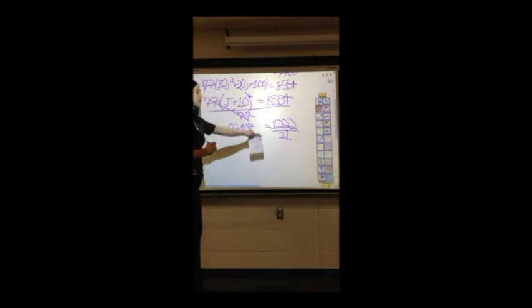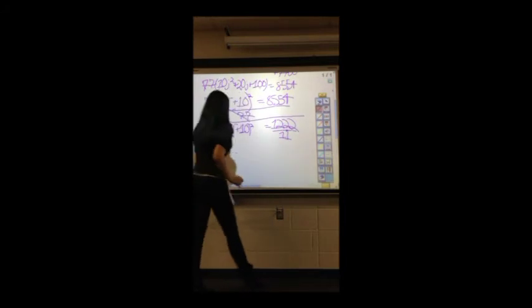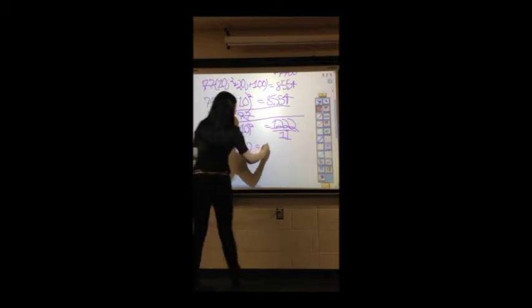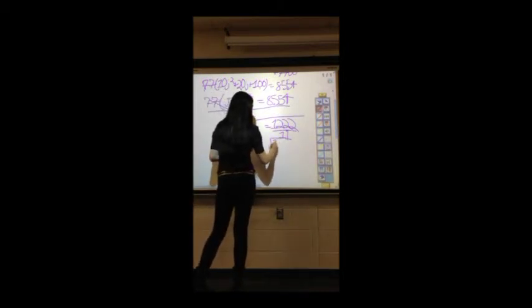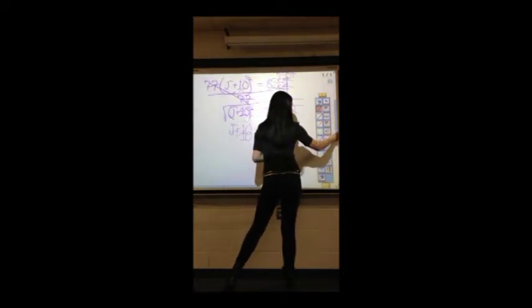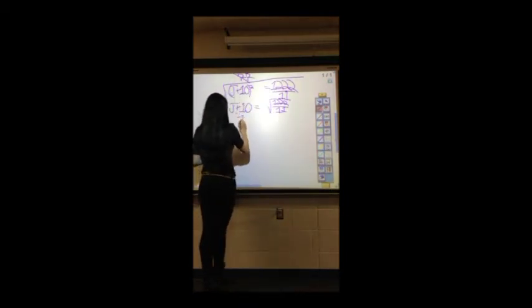Now the next thing you want to do is get rid of that squared. So you're going to square root the whole thing. And that's just going to leave you with J plus 10 equals the square root of 1,222 over 11. And then you're going to subtract 10 from both sides.